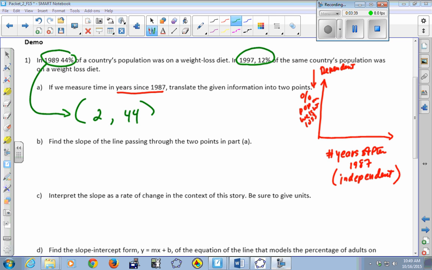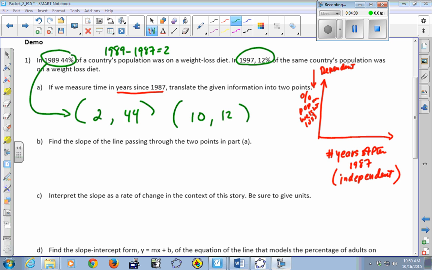And we have 2 because 1989 is 2 years after 1987. Okay. Notice I don't say 0.44 because we're saying that the vertical axis is the actual percentage, 44%. And so our second point would be 10, 12.